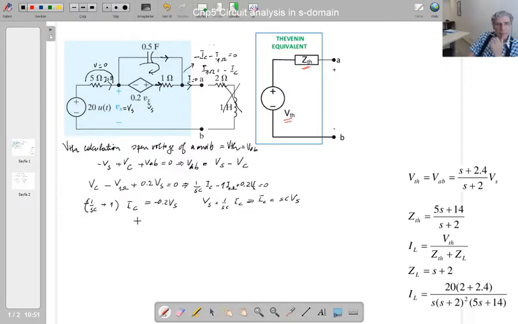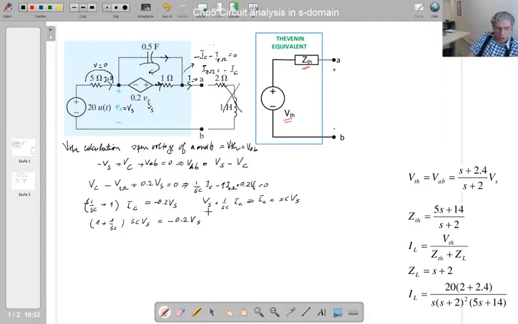So SCVc, 1 plus 1 over SC, SCVc is equal to minus Vs. So I made a mistake, isn't it?